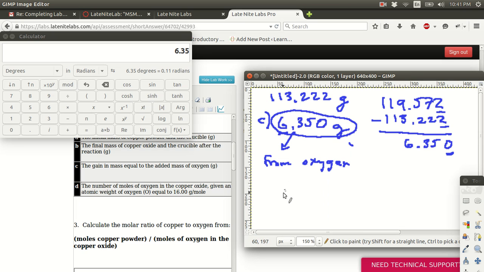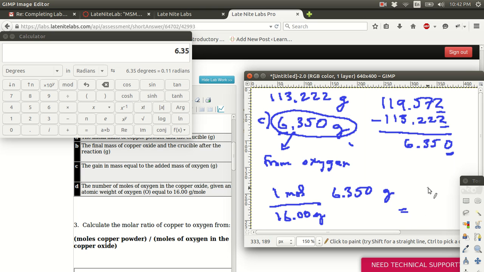So now let me do the calculation. They want the moles of oxygen. Is that what they want? The gain in mass, number of moles. Yes, the moles of oxygen. So I start with moles. 1 mole of oxygen weighs 16.00 grams, and I have 6.350 grams of oxygen.